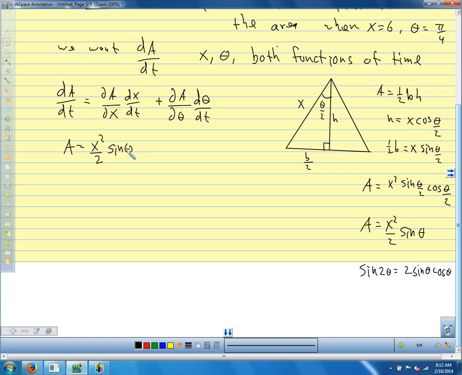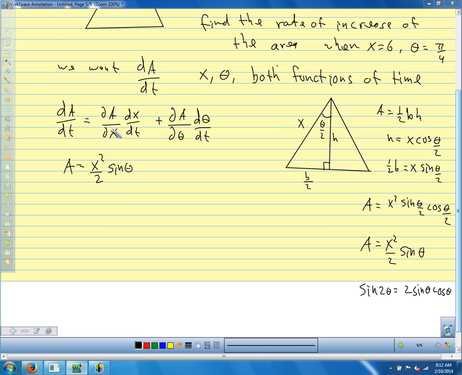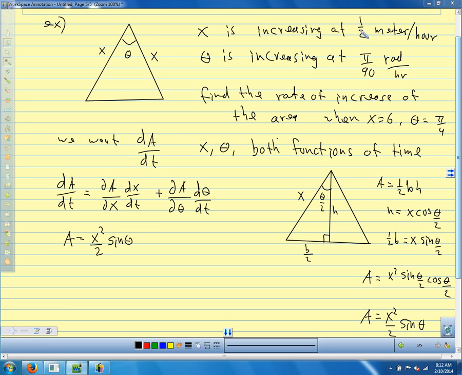We can take our partial derivatives with respect to x and with respect to theta. We know that dx/dt, it tells us up here, is 1/2 meter per hour. d theta/dt is pi over 90 radians per hour. And we have our area expressed in terms of x and theta.